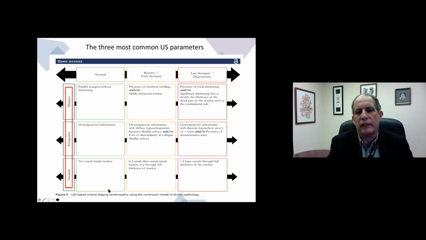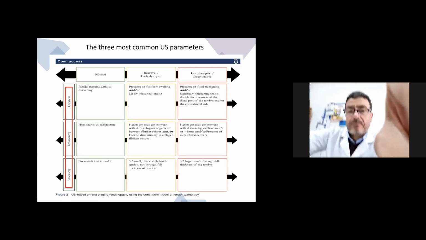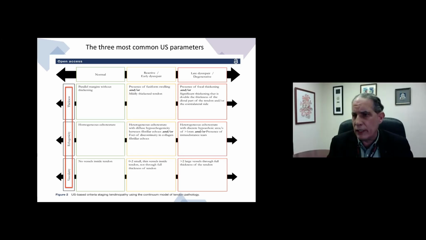Let me illustrate that with this scheme. They're using 3 markers of tendinopathy, and the markers are listed here: the thickness of the tendon, the echogenicity, and the vascularity. This is important because these are 3 things that you can measure with ultrasound. And I know that my colleague will be talking about this as part of the treatment proposal.